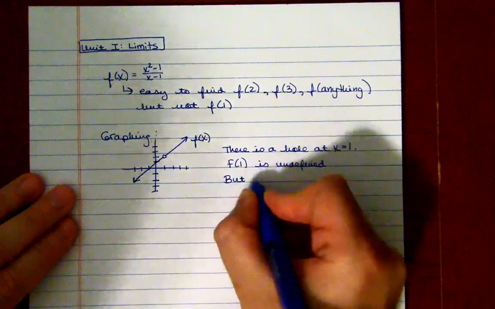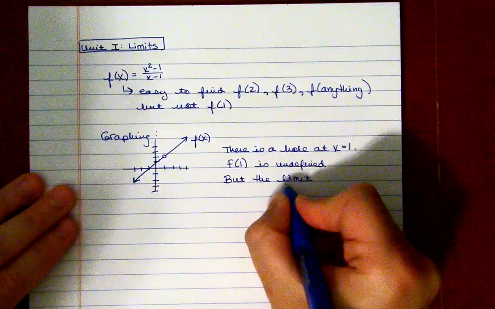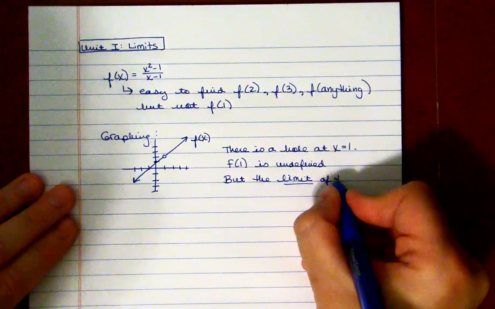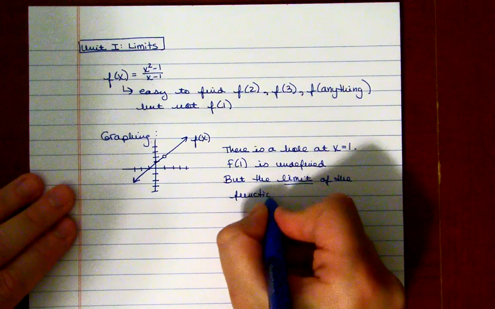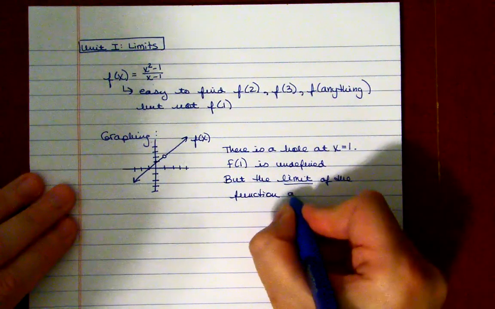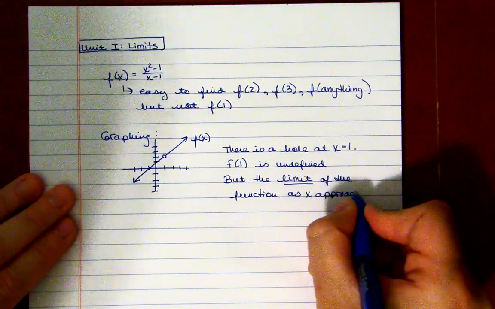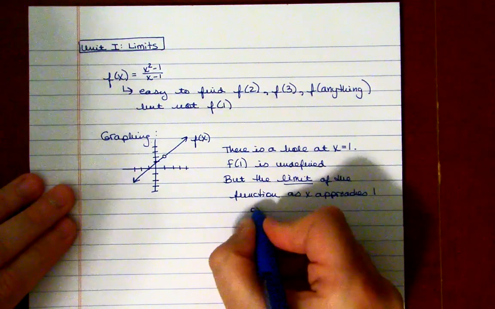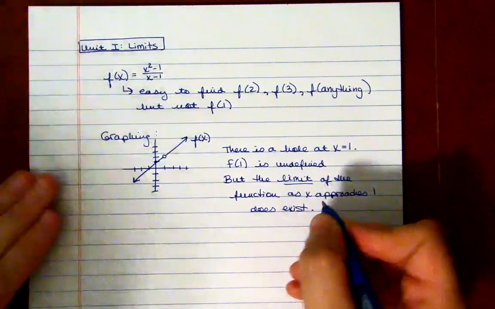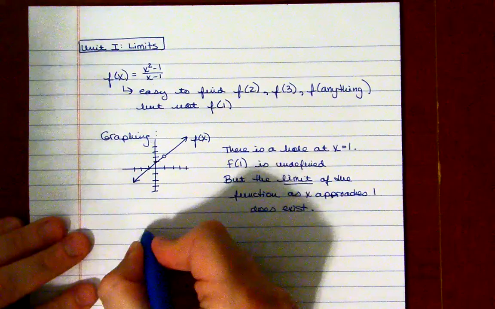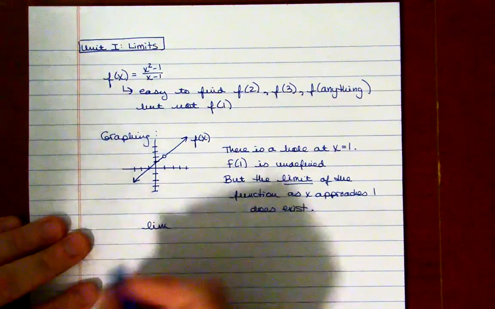So I'm going to write, but the limit of the function, I guess I really could have just said f of x, as x approaches 1, does exist. The way I'm going to write this, lim is my symbol for limits.